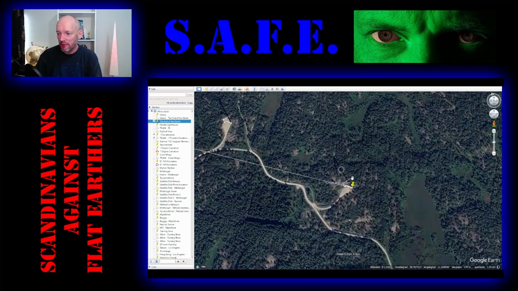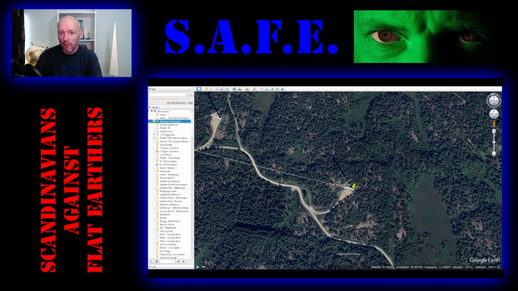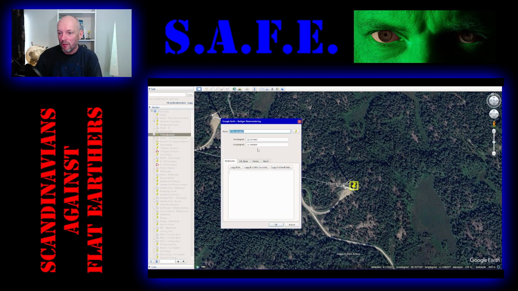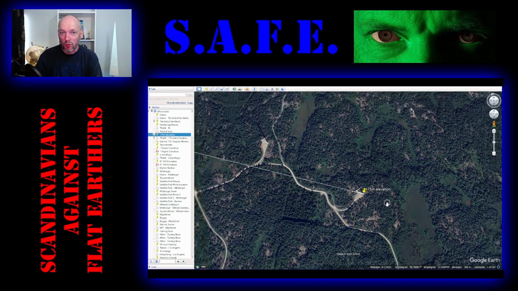This is my target. This is a known location with known coordinates and known elevation. You can see down here, 175 meters. So, no assumptions so far.